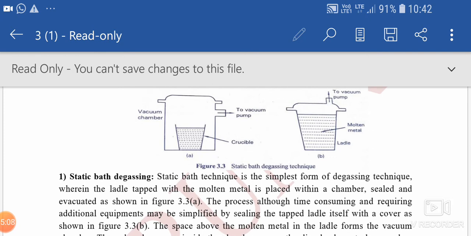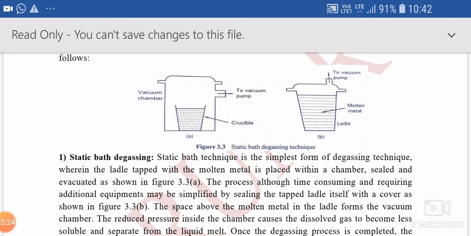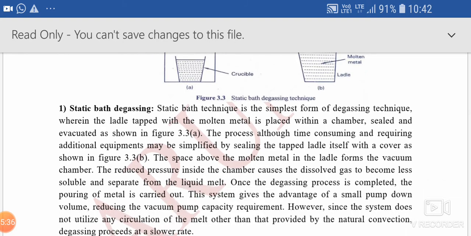This is the ladle itself, made into a temporary vacuum chamber. The gases dissolved inside the molten metal become less soluble under vacuum or low pressure, and they are removed. This is very fast, and the reduced pressure inside the chamber causes the dissolved gases to become less soluble.